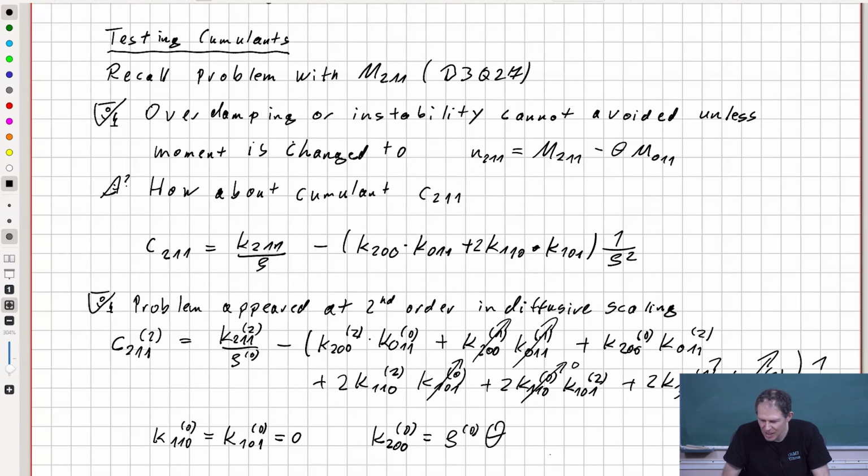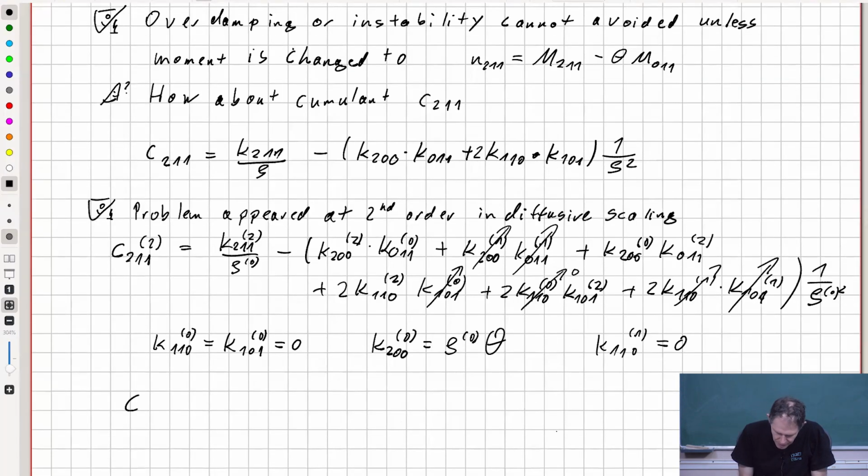So this obviously exists. K110 and the other one to first order, they are also 0. Second order moment, this is 0. Meaning that this cumulant, C211 to second order, is K211 to second order divided by rho 0, which is a constant, minus theta K011 to second order over rho 0.